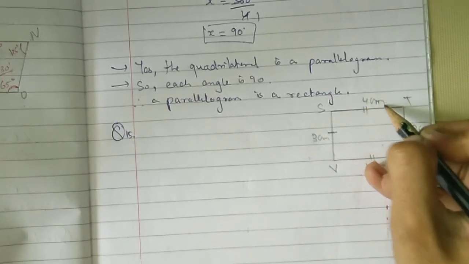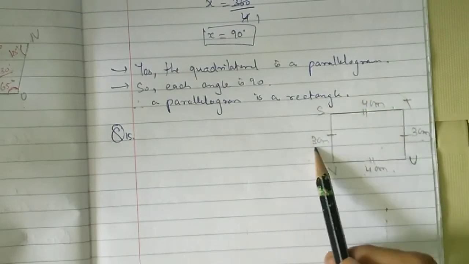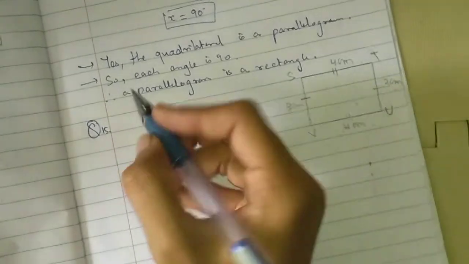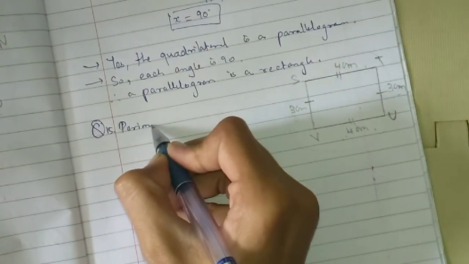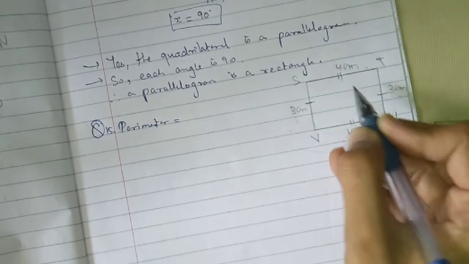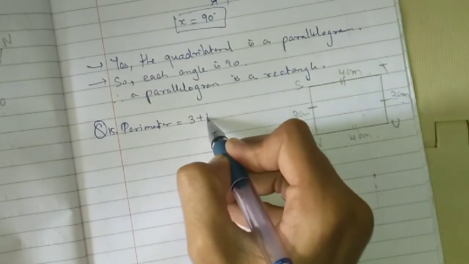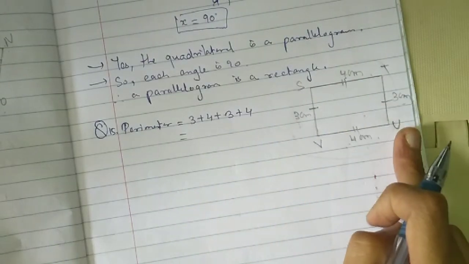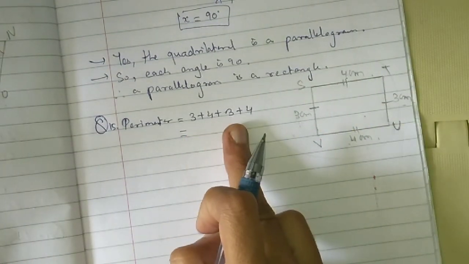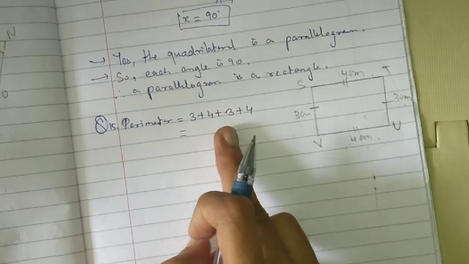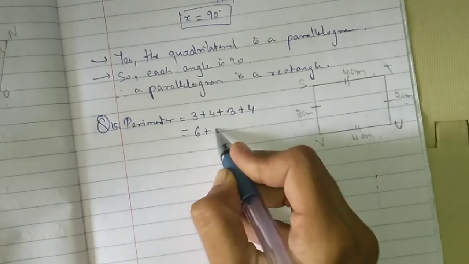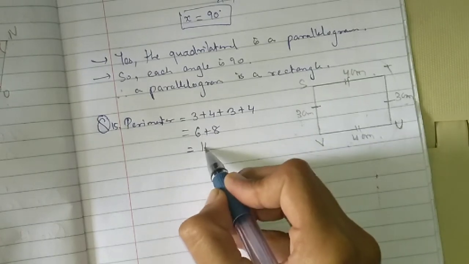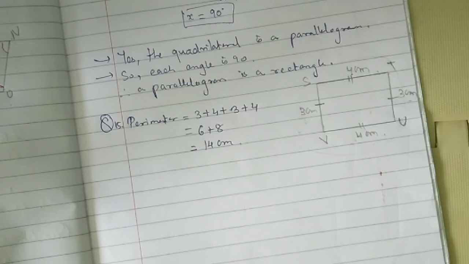For the perimeter, sum of all the sides: 3 plus 4 plus 3 plus 4. 3 plus 3 is 6, 4 plus 4 is 8, which is equal to 14 centimeter.